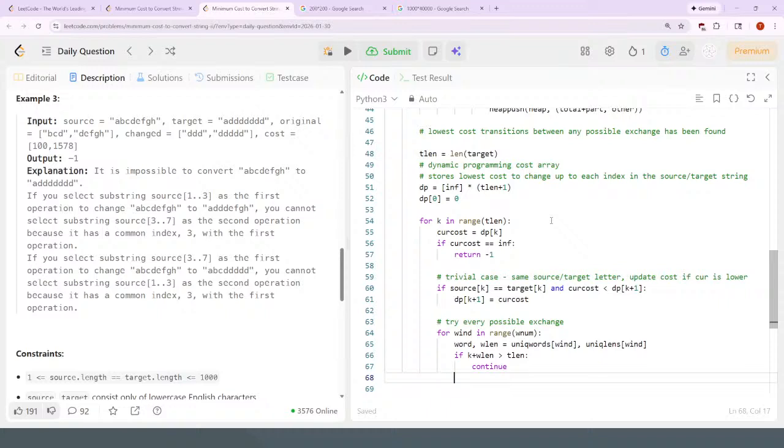And then now to check if this matches. So this is just the wrong way of doing this. Oh, fuck me.